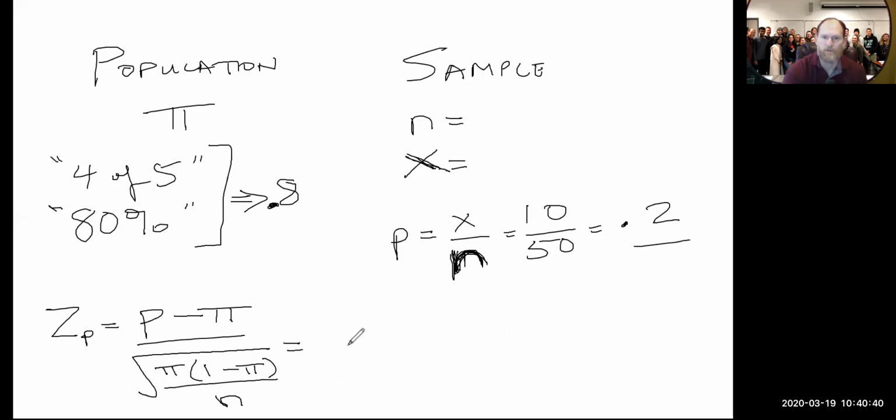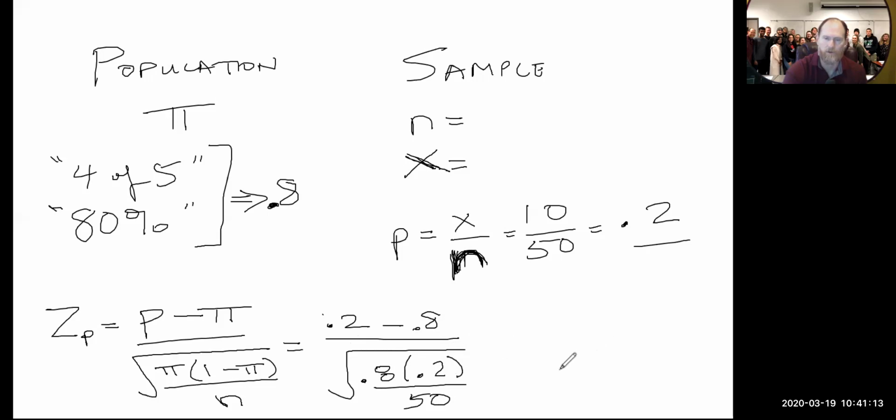So in this instance, we would take 0.2 minus 0.8, and then we're going to take all this stuff in the denominator. We know 50 goes down here. We know 0.8 times 0.2 goes there. And we know this is going to be a negative number out here.